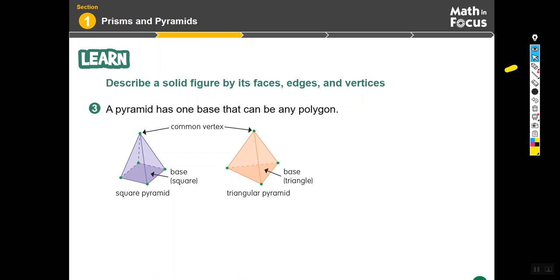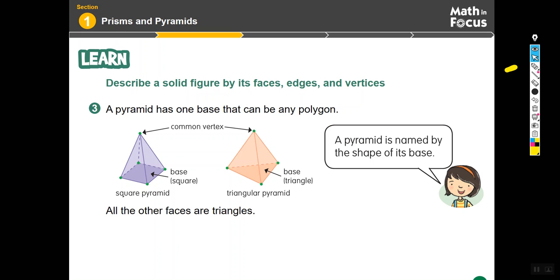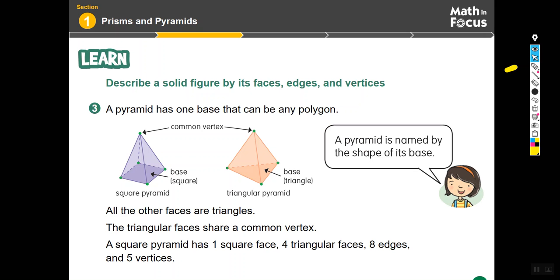Okay, a triangular pyramid has 3 triangular faces on the sides and 4 vertices. All of the other faces are triangles, and the triangle faces share a common vertex. A square pyramid has 1 square face, 4 triangular faces, 8 edges, and 5 vertices.